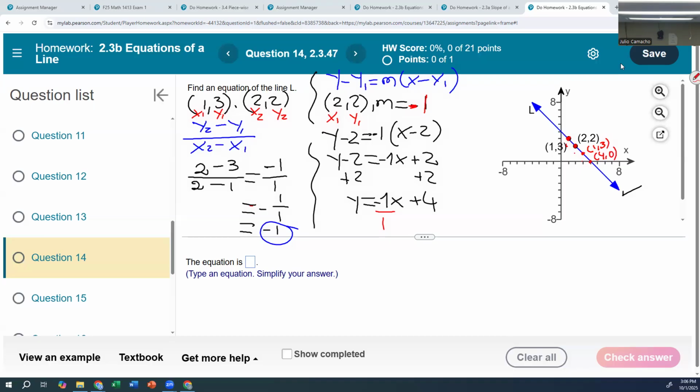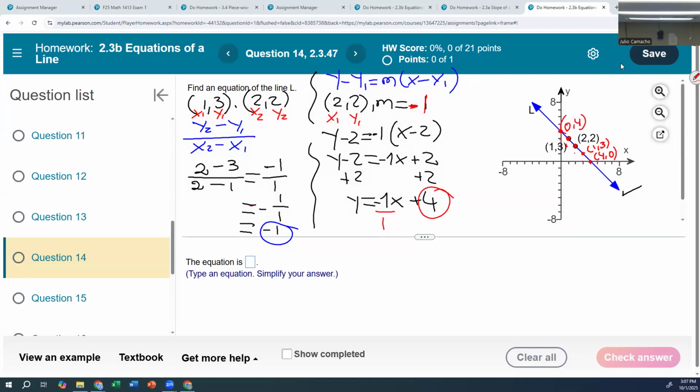So we know that the slope is right, and your y-intercept has to be 4. If you go backwards, you go 1 to the left and 1 up. That is the point 0, 4. That is your y-intercept, and that matches this number here.